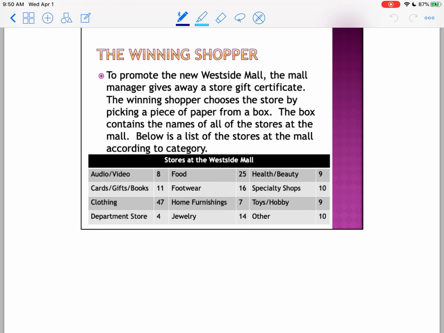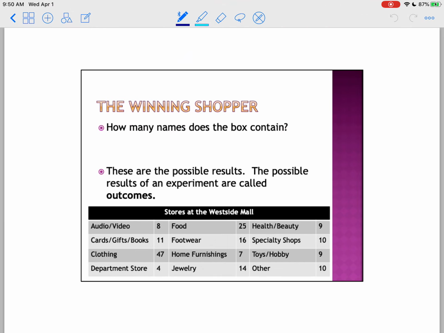Below is a list of the stores at the mall according to category. So there's 8 audio video shops, and there's 7 home furnishing stores, and there's 9 toys and hobbies shops. And you can look at all these stores. So the first question is really, how many names does the box contain?